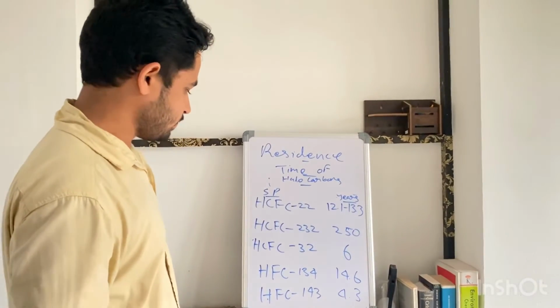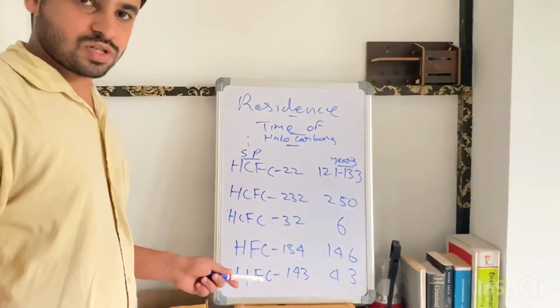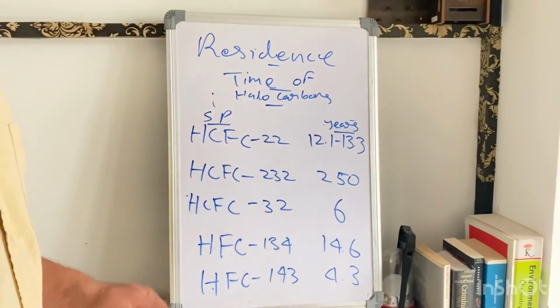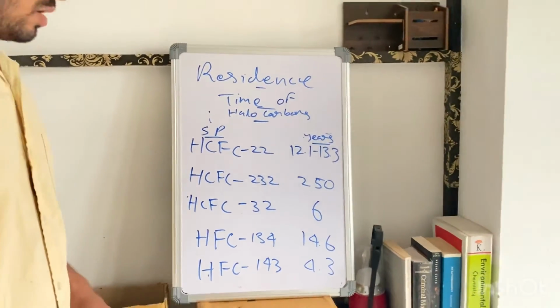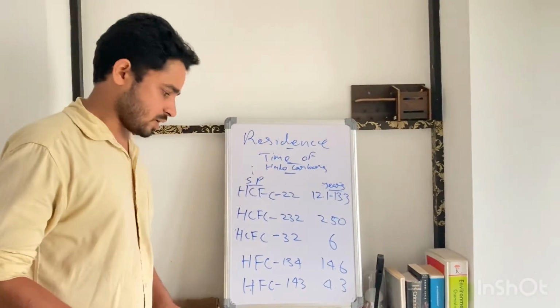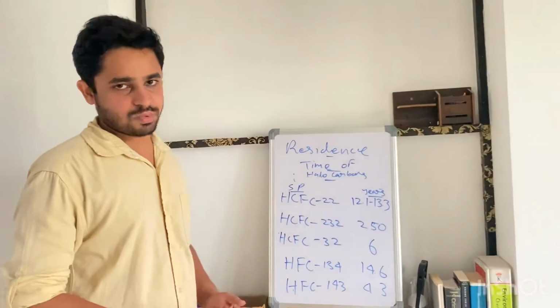Among these, HFC has the lowest ozone depletion potential and also the lowest greenhouse gas effect. They might have a residence time of 14.6 or 4.3, but that doesn't mean they have a higher ozone depletion potential.